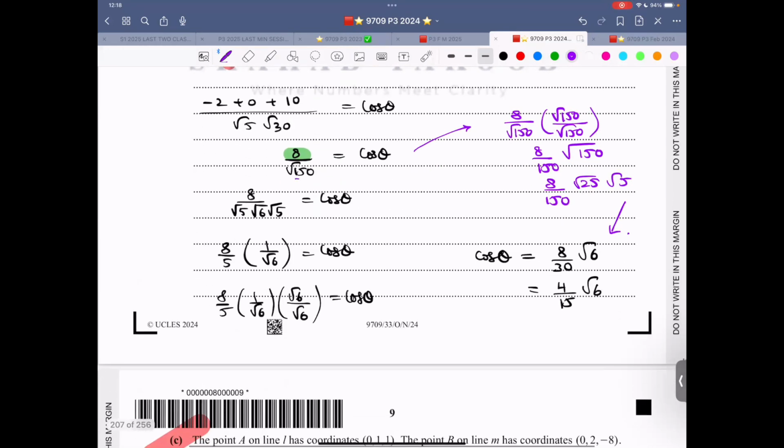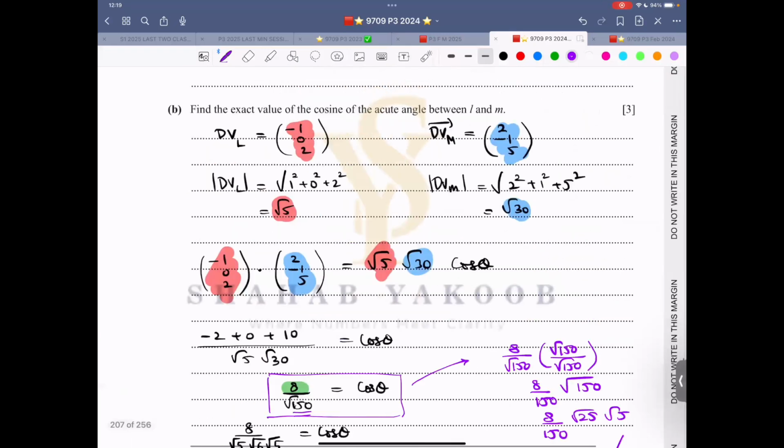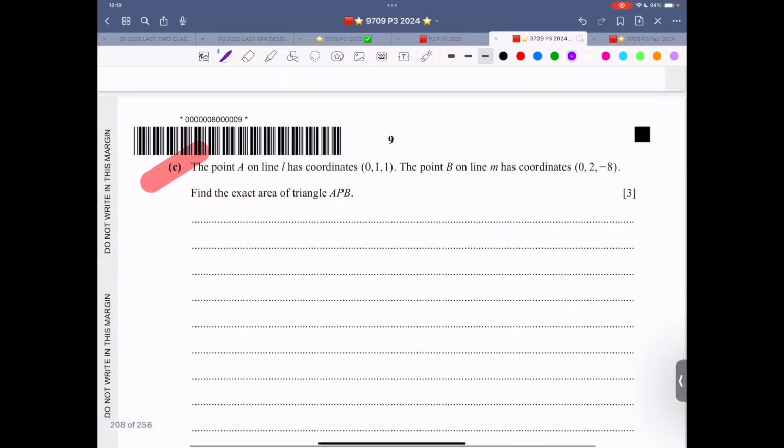Over here, I have broken up root 150 as root 5, root 5, root 6. Root 5 becomes 5, and then I rationalized it. Got it? Now I'm interested in this one because this is the simple one for the next part. So that is how you find cosine.